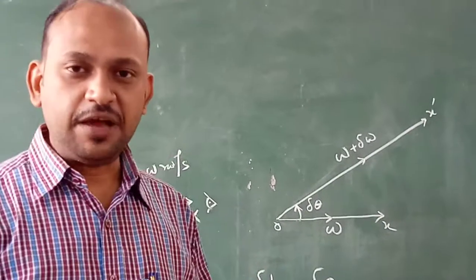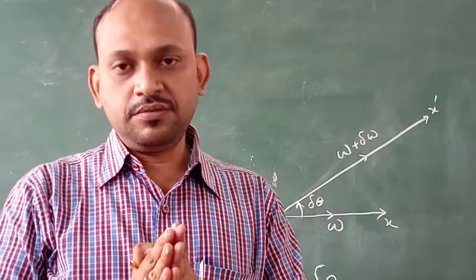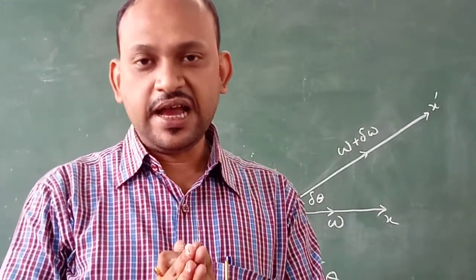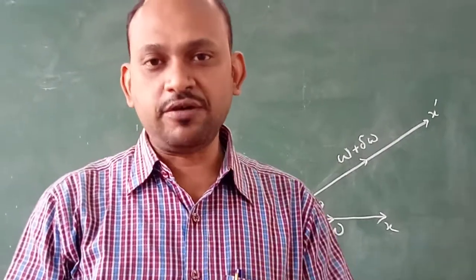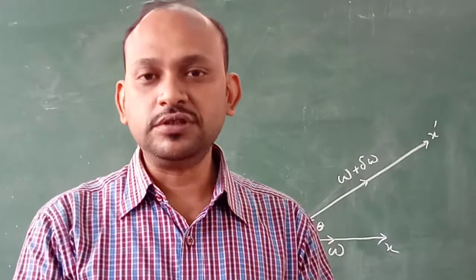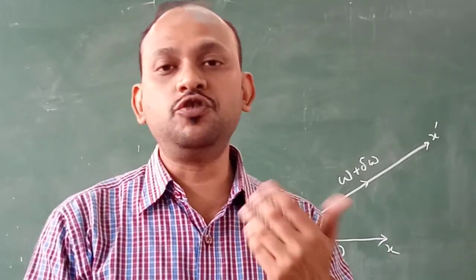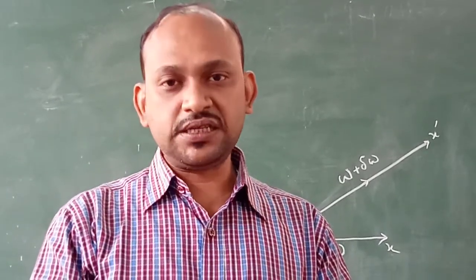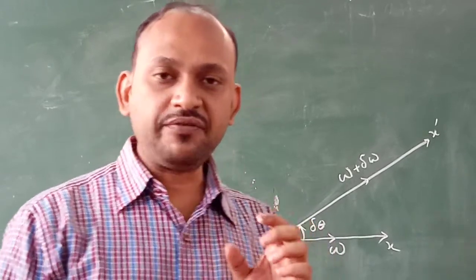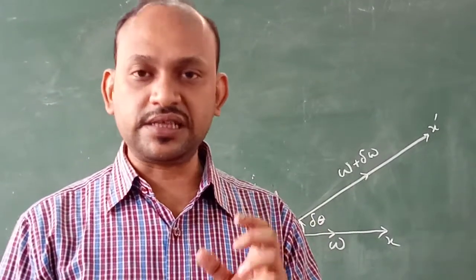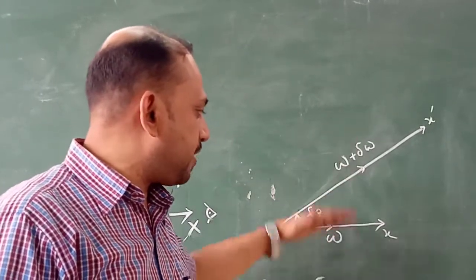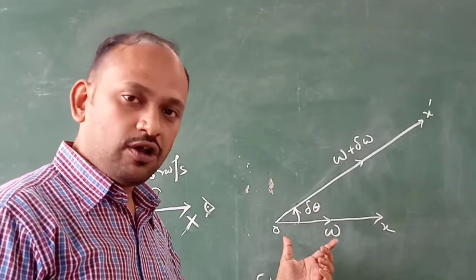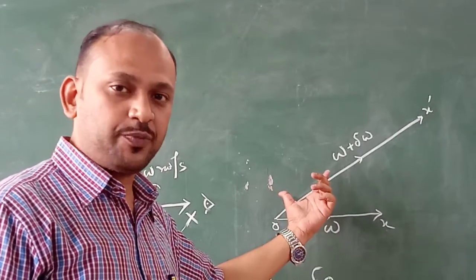So what is actually happening in the system? A system which is initially having an angular velocity of omega wishes to change its angular velocity to a new value. Let us consider that this new value will be omega plus del omega, and we have taken the assumption that with the change of the angular velocity, there is also a change in the position of the spin vector.